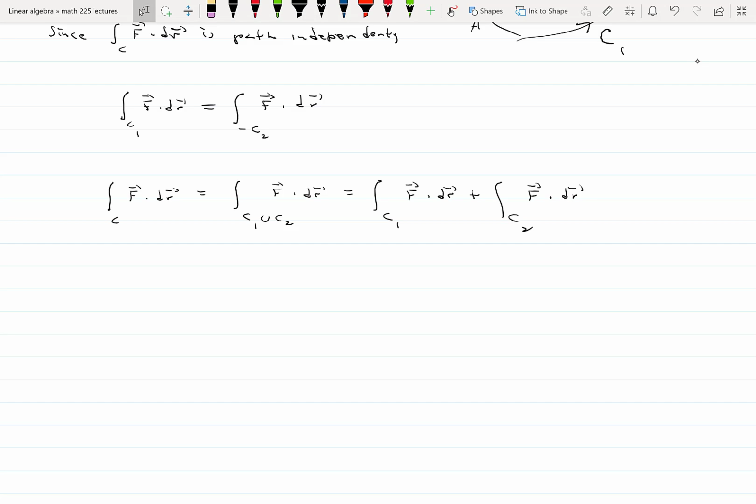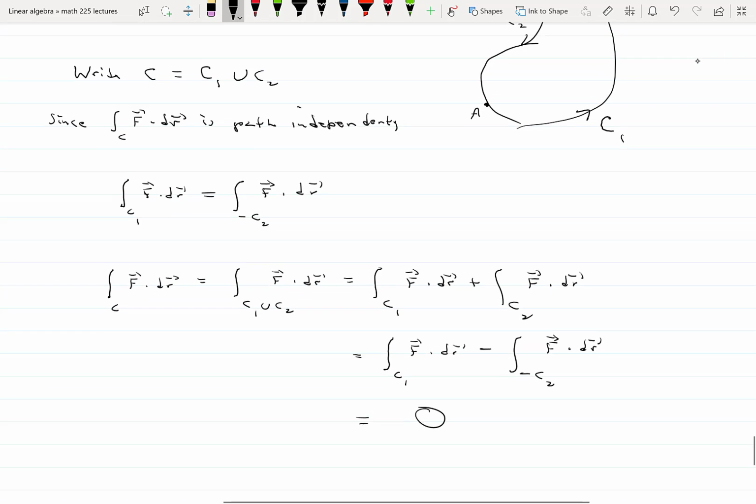However, what is the integral along C2? We also have a theorem that allows us to deal with reversing the orientation of a curve. It's equal to the opposite of the integral in the opposite direction along C2, f dot dr. Okay, well, what's the integral along the opposite direction of C2? That's the integral along C1. This is 0. Okay, it's pretty nifty.